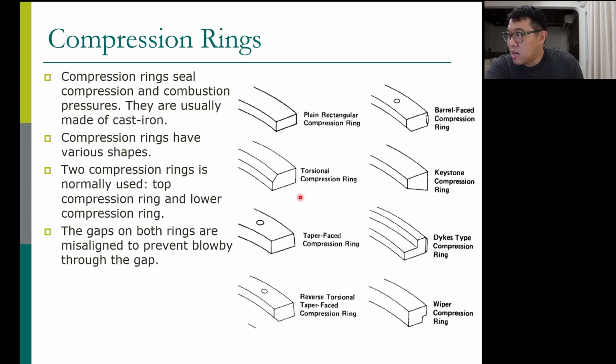Normally we need a top compression ring and a lower compression ring. When you install these two rings, because we want to seal, normally we have to turn the ring gap to the opposite side like that, to prevent leakage of the pressure inside the combustion chamber.